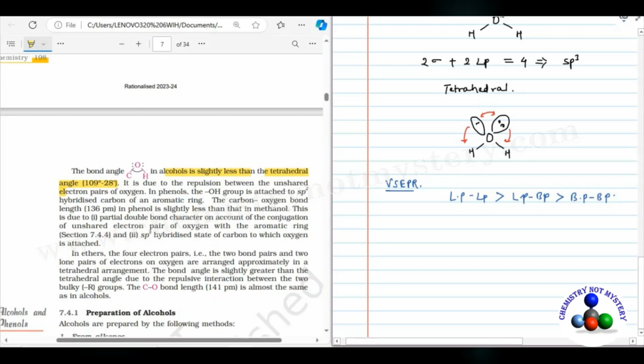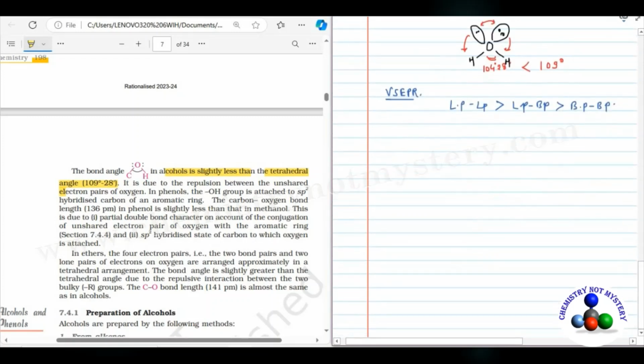Because of it, the bond angle is 104 degree 28 minutes, which is less than expected bond angle 109 degree. So because of the lone pair repulsion, the bond angle of water is less than expected, and it is 104 degree 28 minutes. Now come to the alcohol.